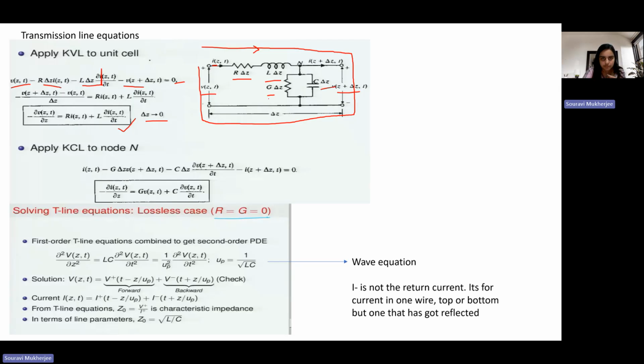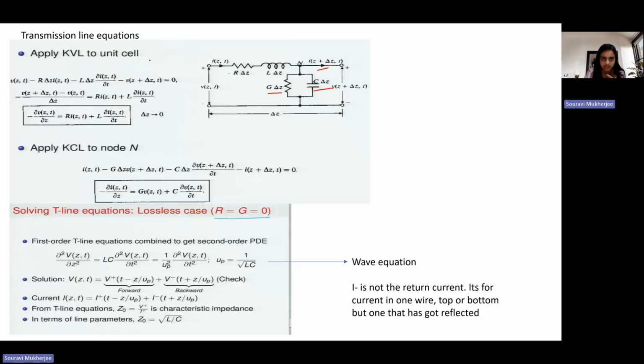Similarly, for this unit cell at n, you can look at Kirchhoff's current law, which means the algebraic sum of the current, that is the amount of current coming in and the amount of current going out, should add up to zero. So if current I is coming in here, there will be some current going through the conductance channel, some through the capacitive channel, and some will pass on to here, right?